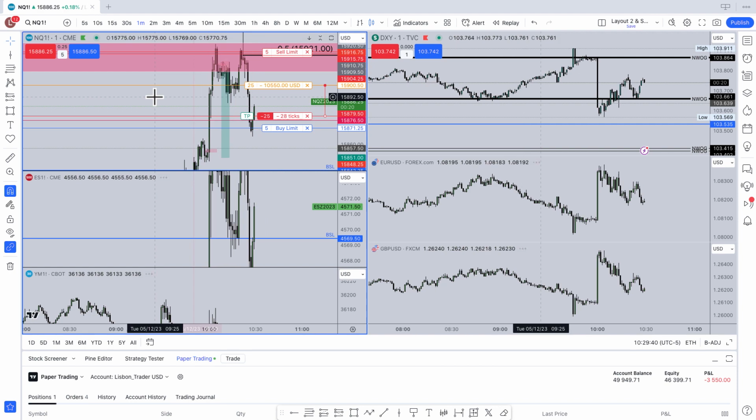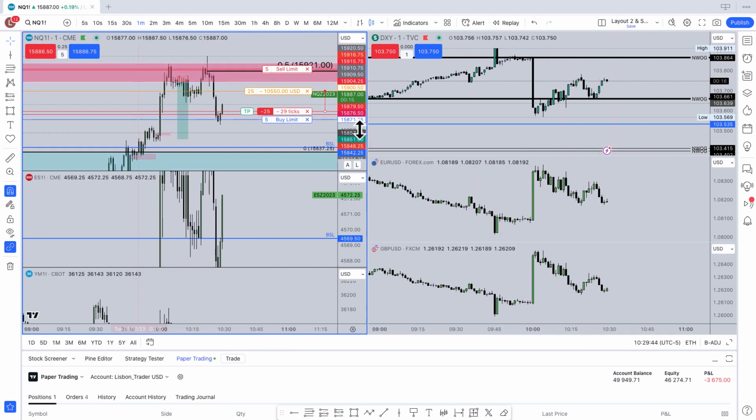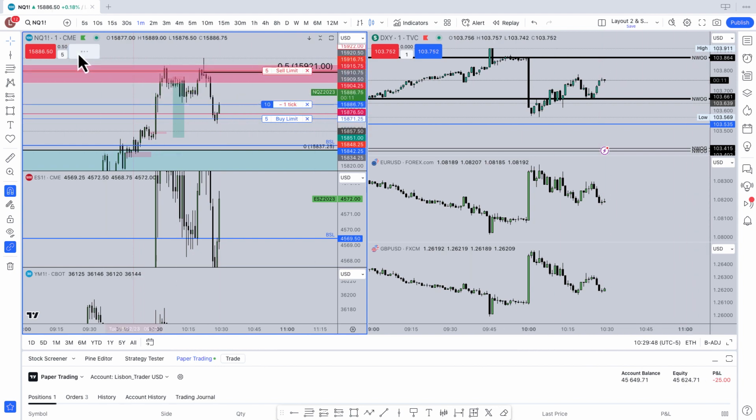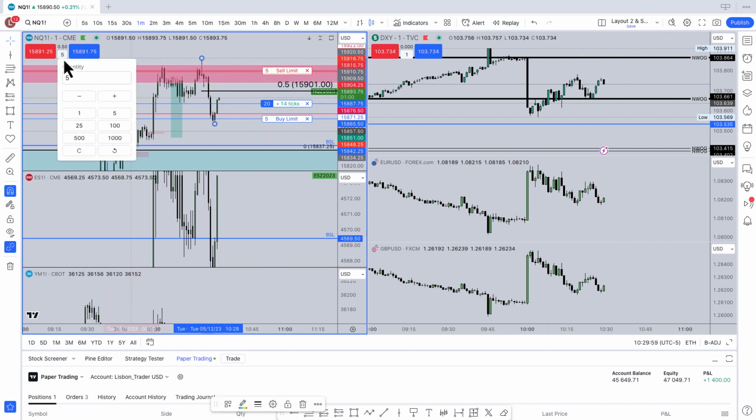So we have here, now it's the time to go up until this 50%.